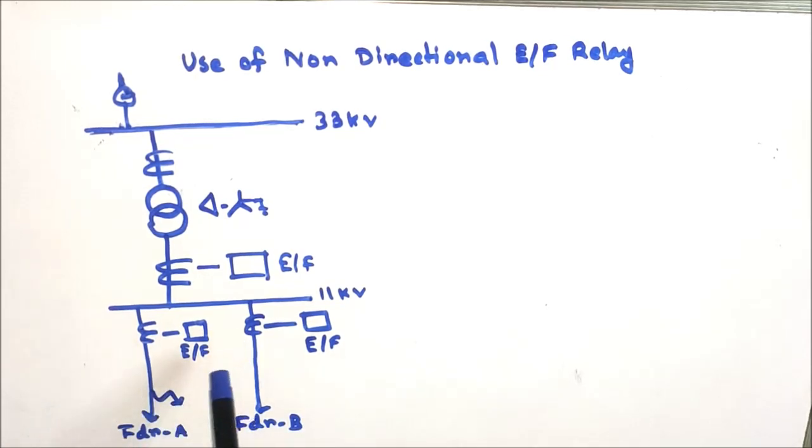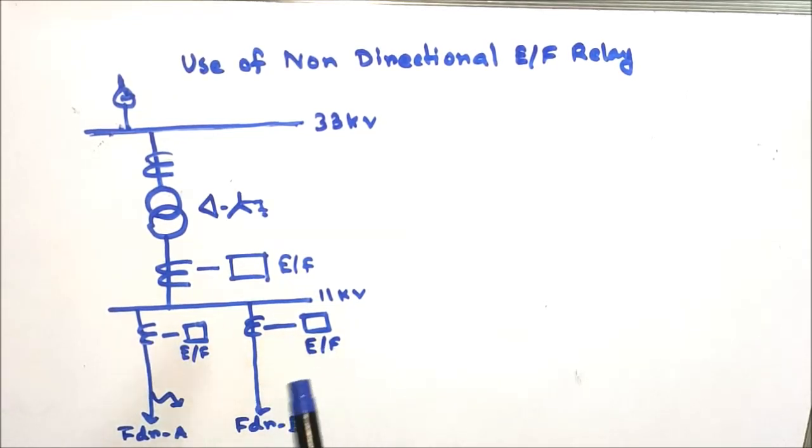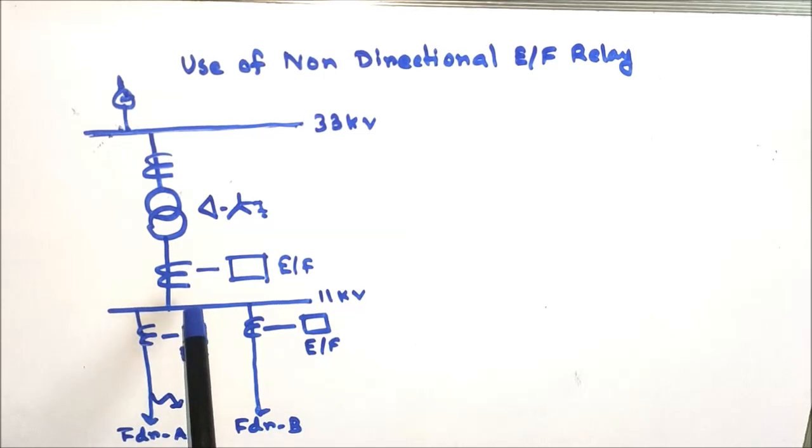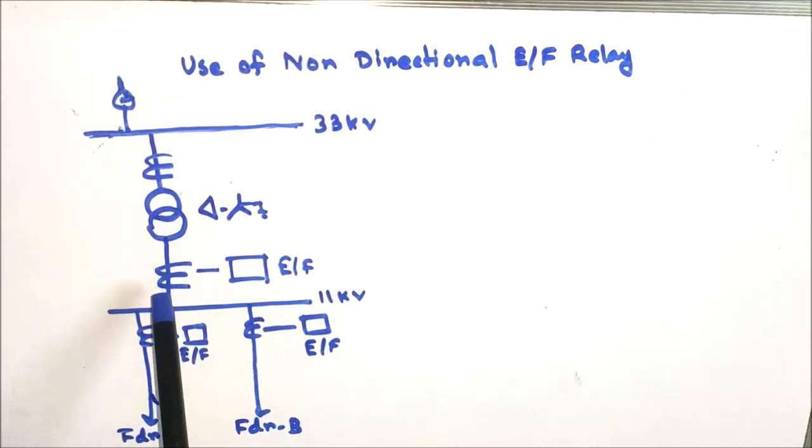In the feeder there is a CT, that is red, yellow, blue, and the CT secondary is connected to the earth fault coil or neutral coil of the relay. Similarly for feeder B, and similarly for the LV side of the transformer.